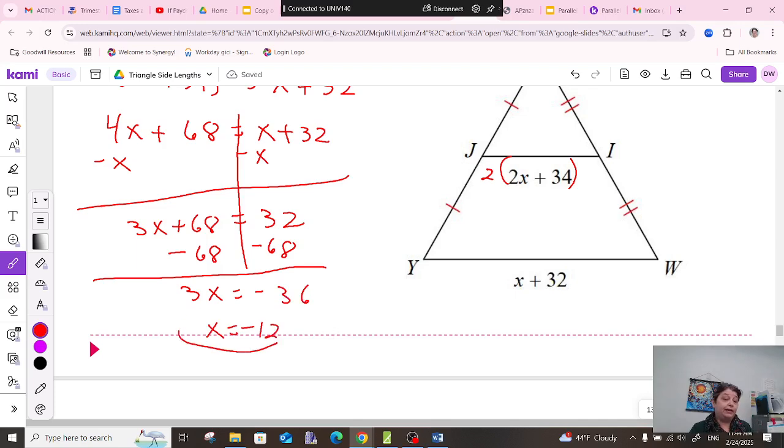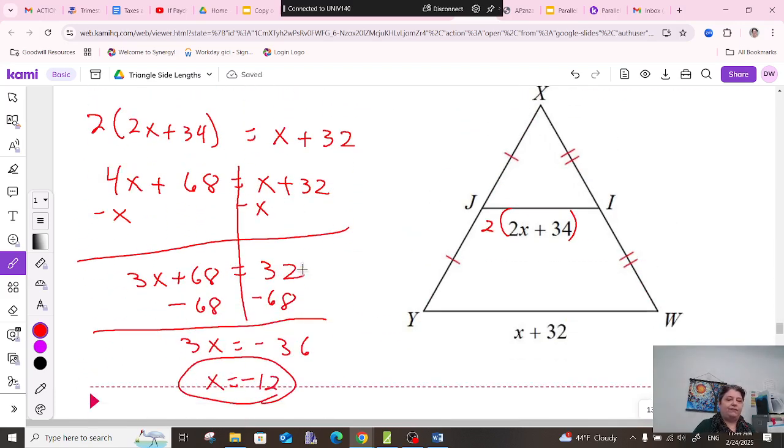Now, x can be negative, but the length shouldn't be negative. It just said solve for x, but Miss Dawn always likes to check her work because she's always been that way, right? What's 2 times a negative 12 plus 34? What's 2 times a negative 12?